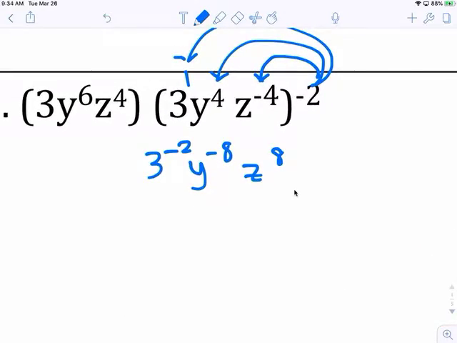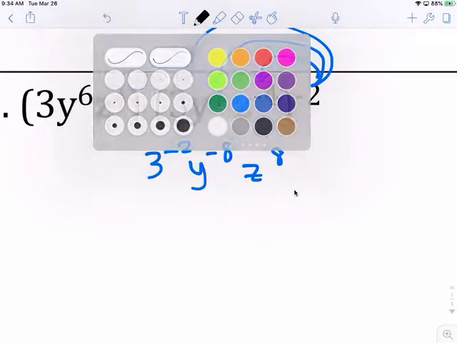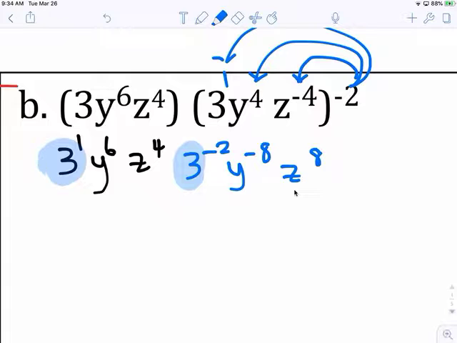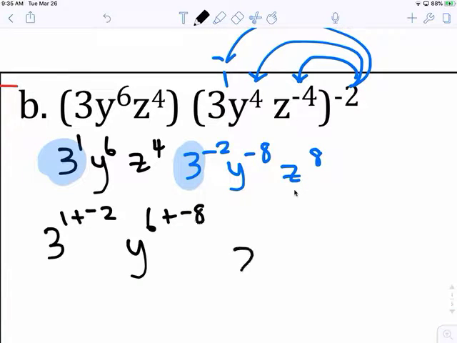Alright, then you do this: 3 to the 1, y to the 6th, z to the 4th. The 3s have the same base, so you have to add them. 3 to the 1st, add negative 2. Y to the 6th plus negative 8. Z to the 4 plus 8.